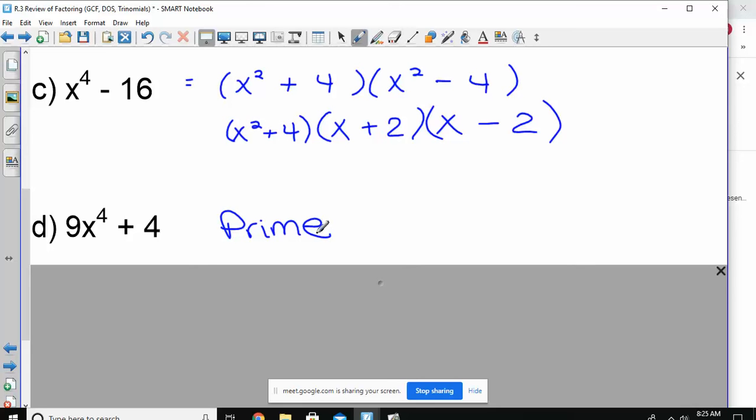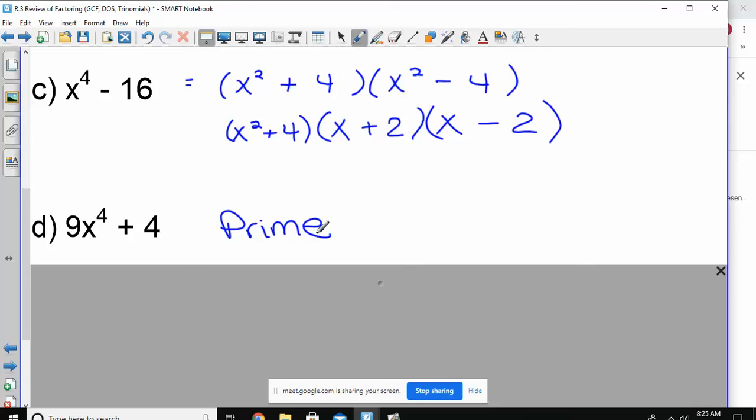How much of this is at least looking familiar? You know you've seen it before. What do you do when you have 3 terms? You remember? Trinomials?